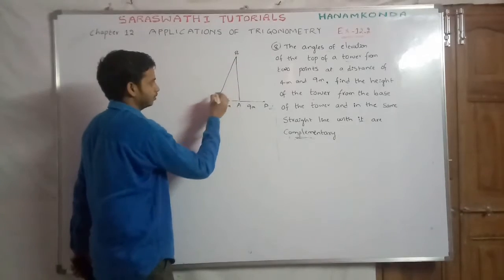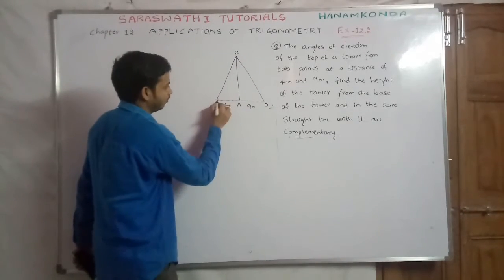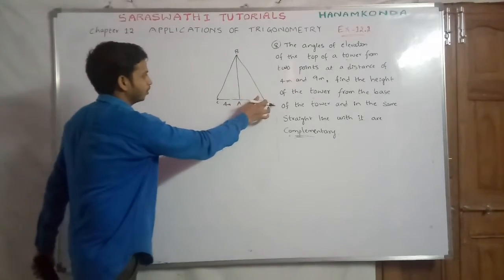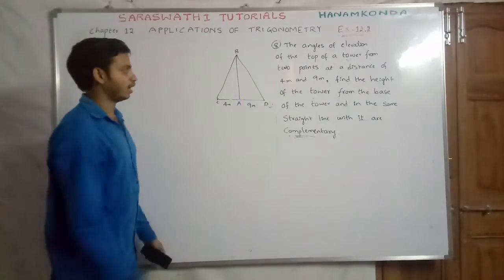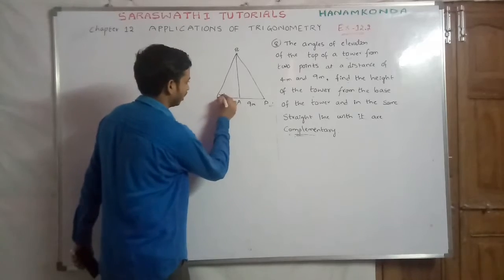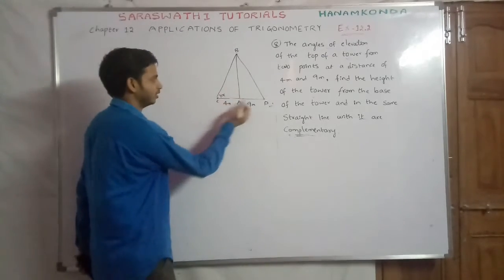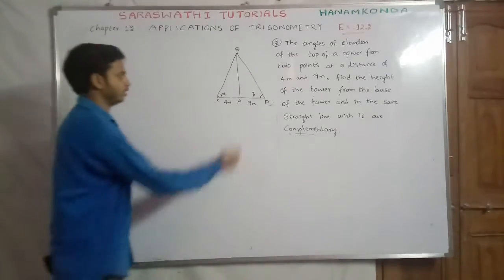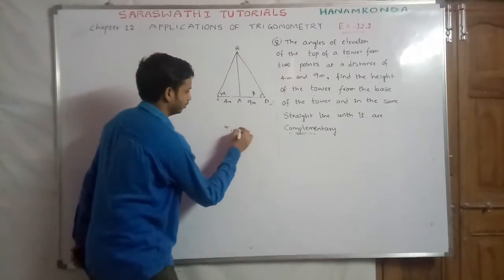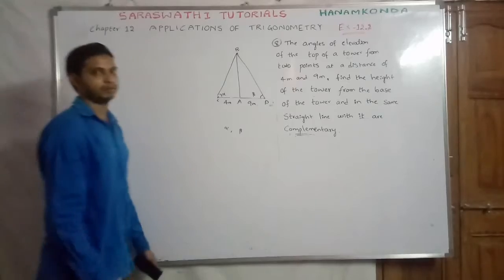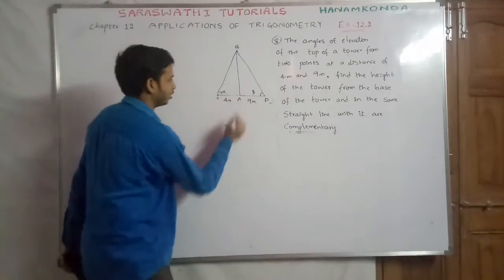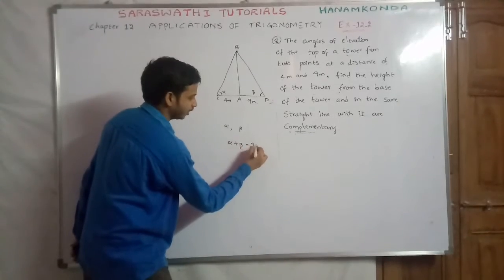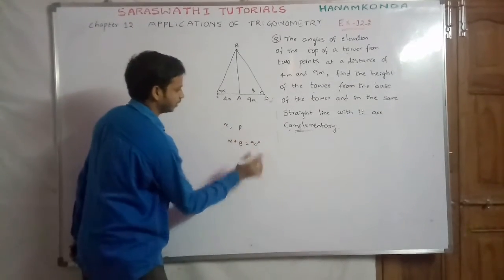That means the angle of elevation from the point C to the top of the tower and the angle of elevation from the point D to the top of the tower are complementary. Let alpha be the angle of elevation from point C and beta the angle of elevation from point D. Two angles are complementary if their sum is equal to 90 degrees, that means alpha plus beta equals 90 degrees.